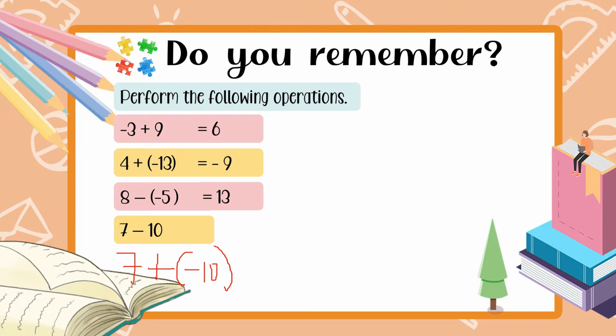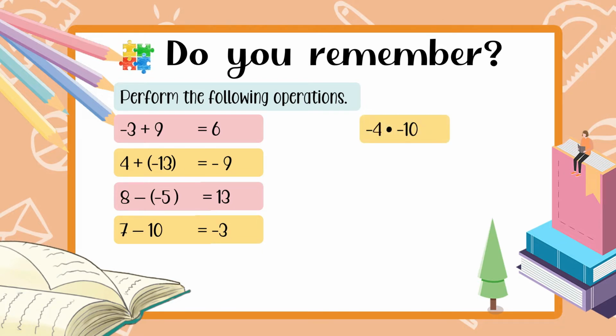So, we have to subtract ulit. So, 10 minus 7, the answer is 3. So, which is bigger, 7 or 10? So, we have here 10. Mas malaki yung 10. And the symbol for 10 is negative. Therefore, the answer for our question is negative 3.